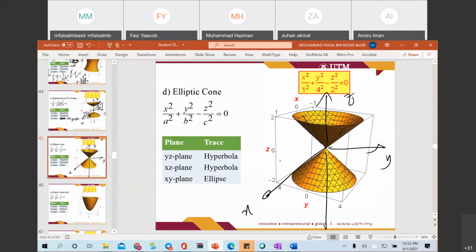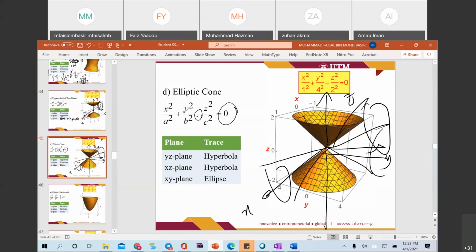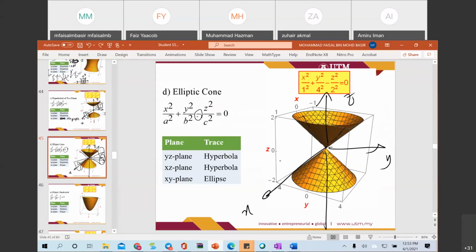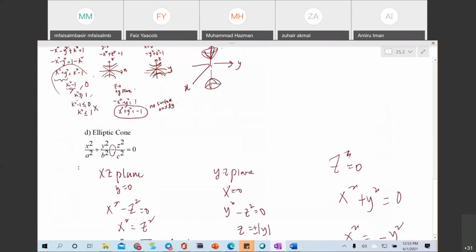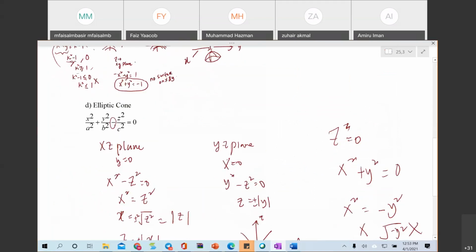If z is negative, the cone will be at the z-axis. If negative at y, here are positive, and here must be 0, and then your cone will be at here. Okay, so that's one of the shortcut ways.